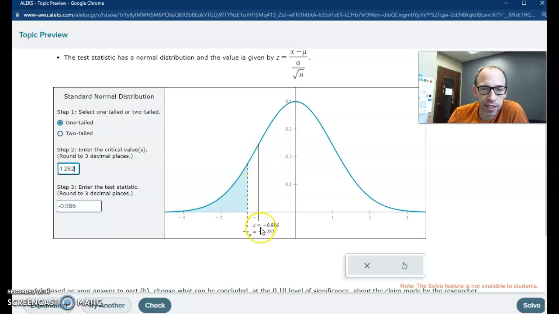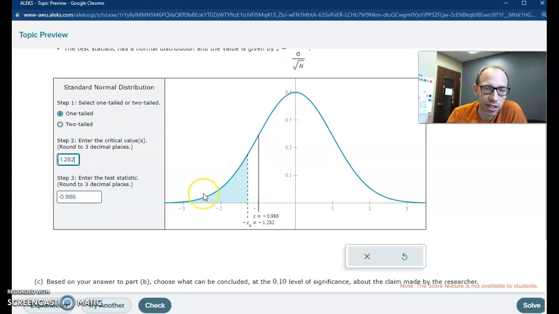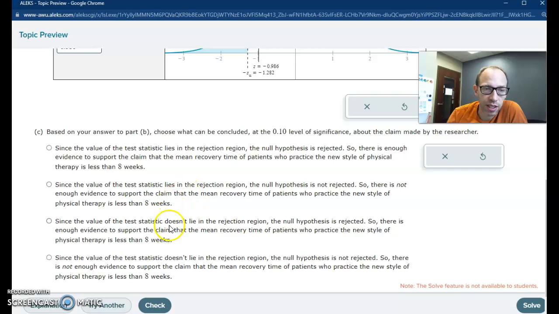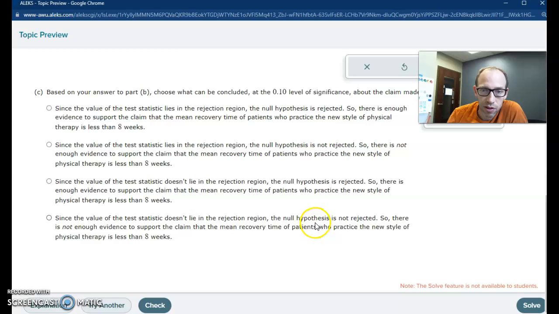And our test statistic was not inside that, we call it the rejection region. It was not low enough to convincingly reject the null hypothesis. So since we do not lie in the rejection region, the null hypothesis is not rejected, and that means there's not enough evidence to support this claim.